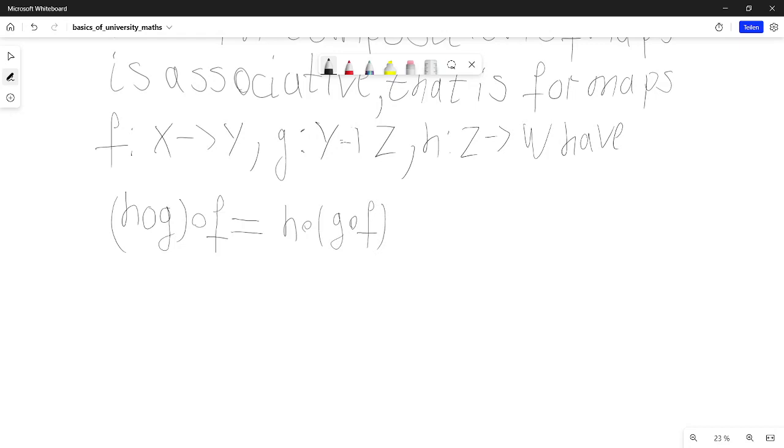Okay, what's that funny arrow? Okay, well, now we have to prove that this map that results here is the same map as the map here.